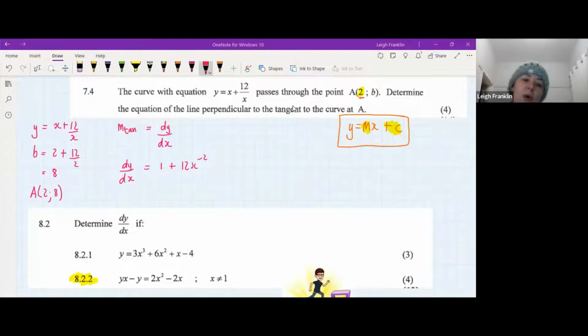Right. Now, if I want to work out what the gradient is at point A, I need to sub in 2. Right, so I can work out the gradient of the tangent by subbing 1 plus 12 times 2 to the power of -2. I can do it like that.